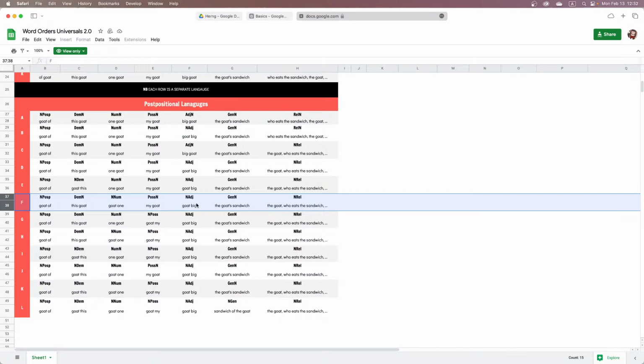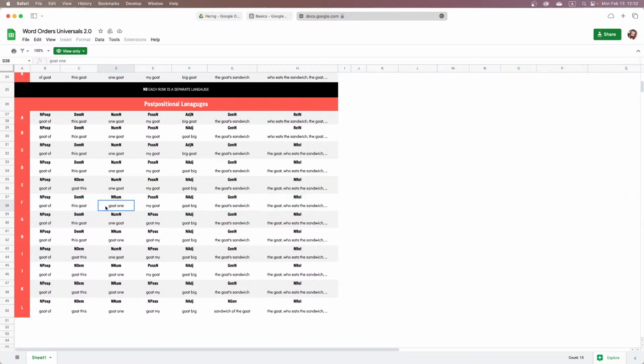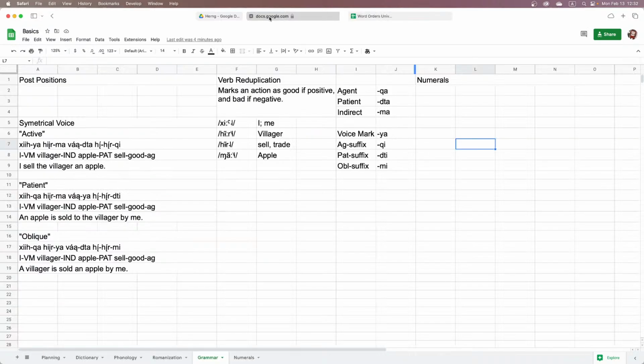We'd have the possessive before the noun, but we'd have the genitive before the noun. I think we will go with, let me copy this, I think I will go with row F.